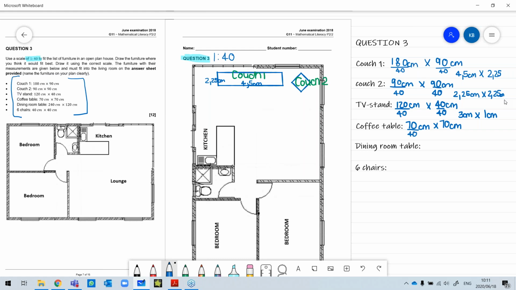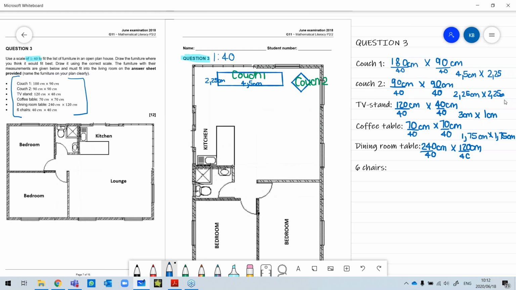We divide each by a scale factor of 40, which is going to give us an answer of 1,75 centimeters by 1,75 centimeters.